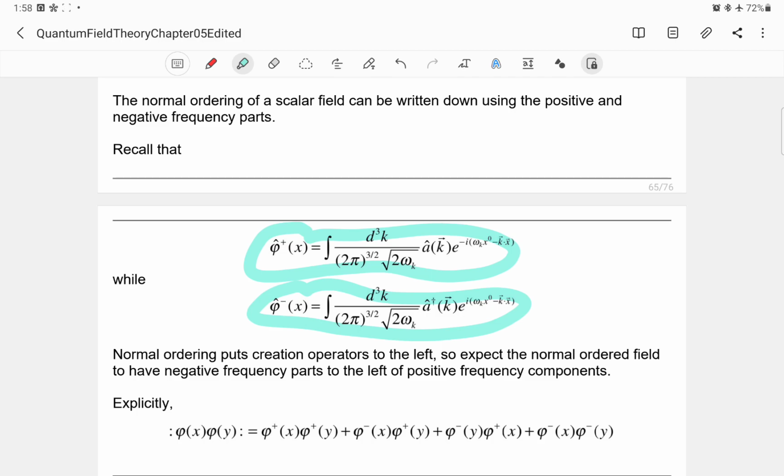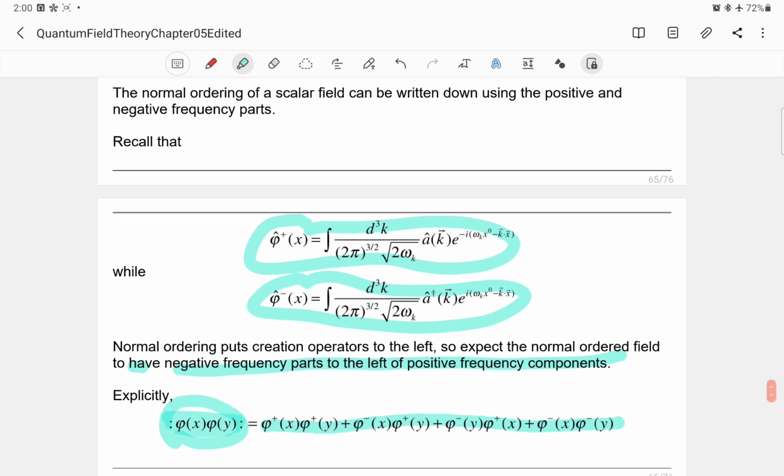The negative frequency parts are on the left of the positive frequency parts here, and so your normal ordering here would give you this. In other words, if you apply this to a state, you have to create particles first before you can destroy the particles. And that's the normal ordering.